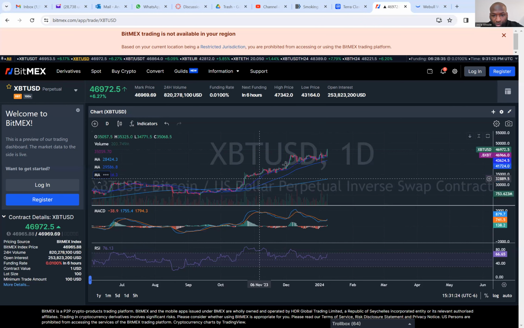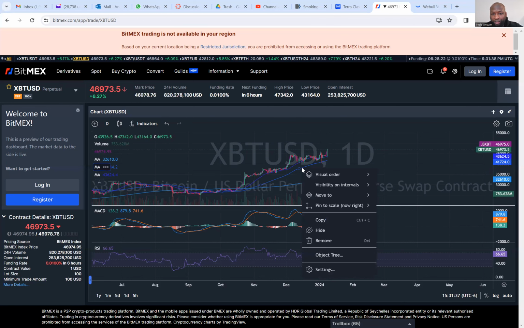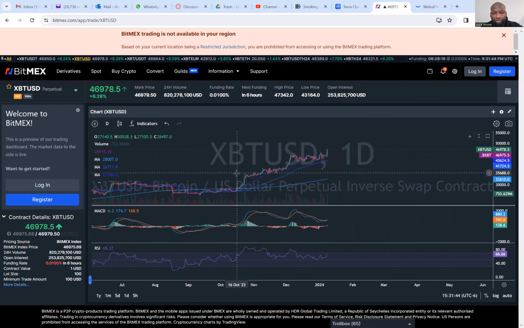Then look, even the 20 is even more precise, right? Now, you can change all these colors right here, like blue, light blue, dark blue, whatever it is you want. I'm sure you can change them if you right click, visual order and all this stuff. Just feel free to play with it, right? And find out what it does.